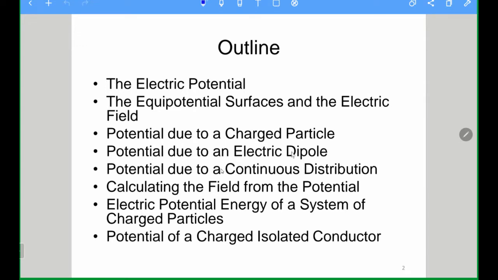Like a charged particle is the easiest one, then the electric dipole, and then continuous distribution, and then calculate the E field from the potential.